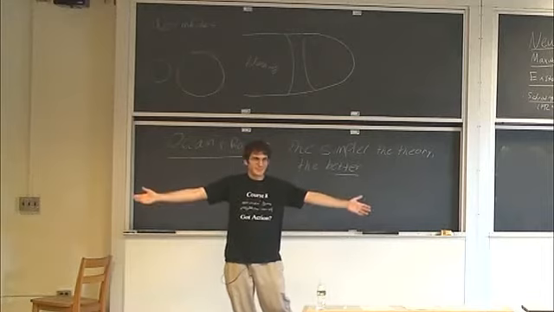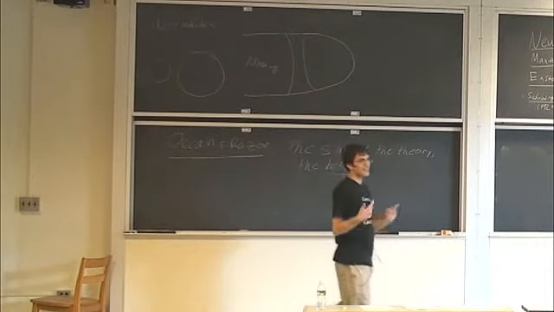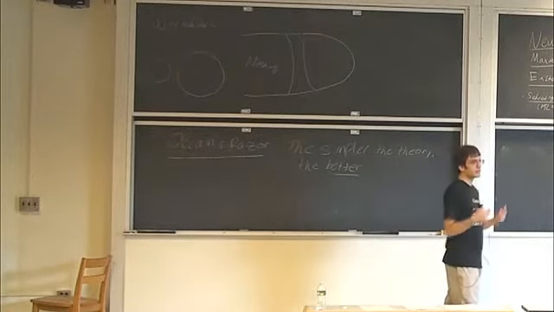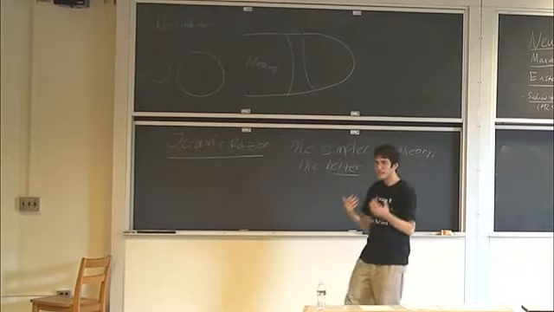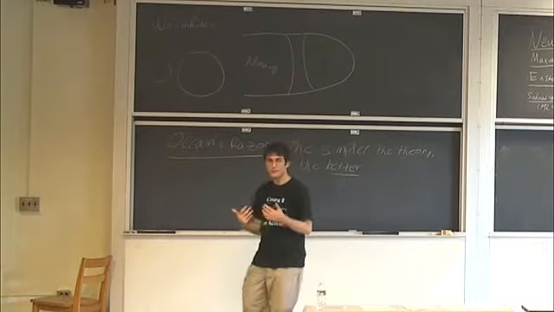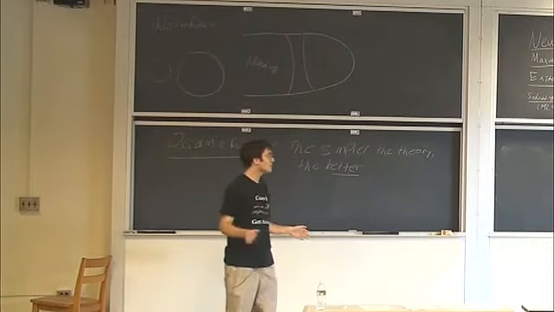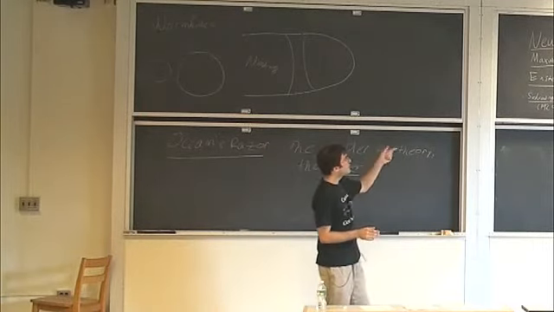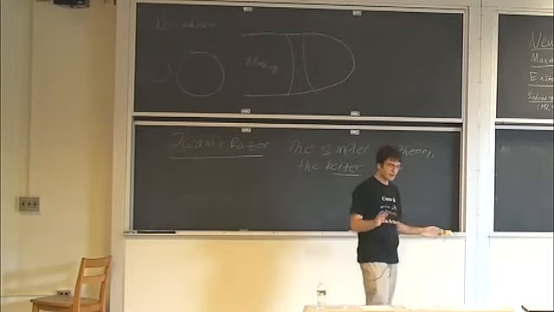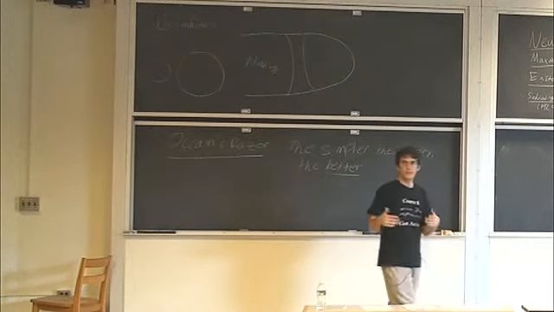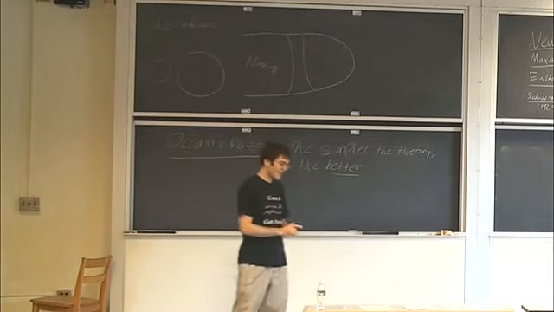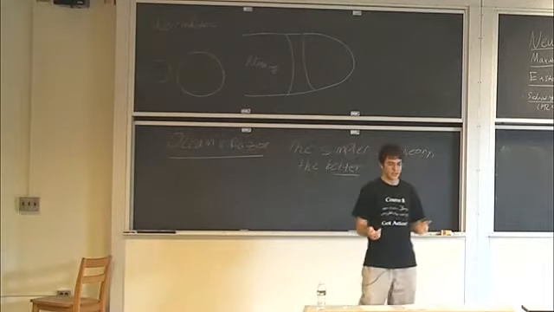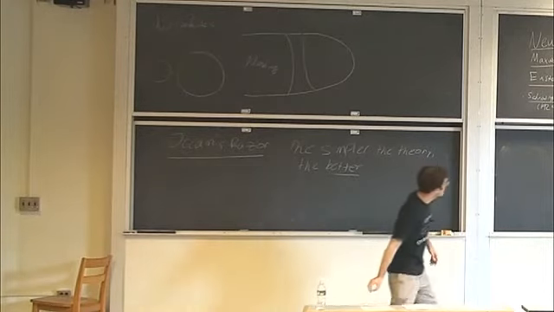So according to quantum mechanics, there are objects in the universe, and each object has a state. Each object has a quantum state. And this state that you describe objects with is completely different from the state that you use in Newton's theory or Einstein's theory. According to pre-quantum physics, the physics before quantum mechanics, the way that you can describe an object is just by using what's called the classical state.